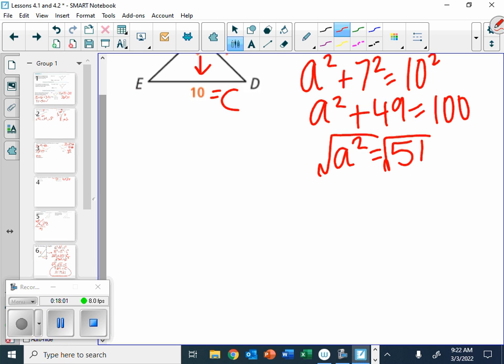It doesn't work. Okay, so if this were asking you to leave it with square roots, your answer would be square root of 51. There's nothing else I can do with that. All right, just for practice, go ahead and convert it to a decimal for me to 2 decimal places.